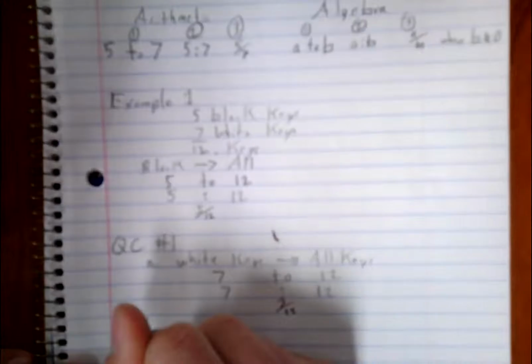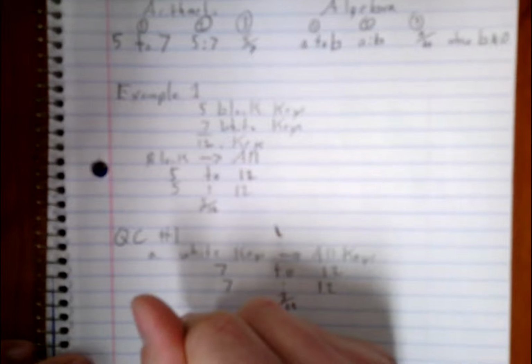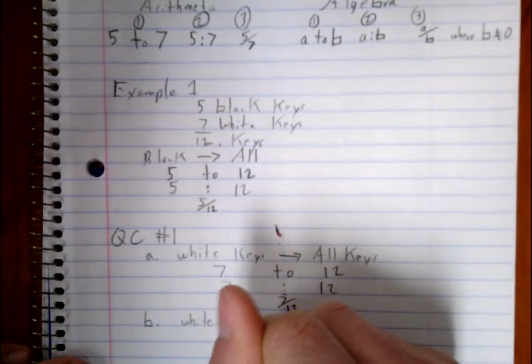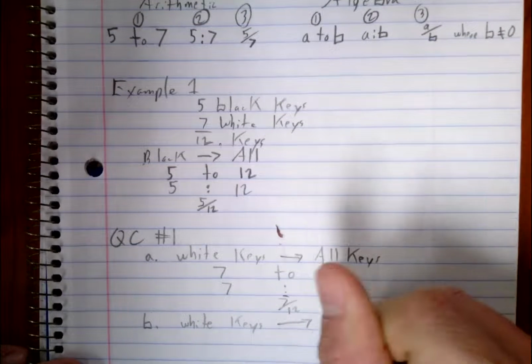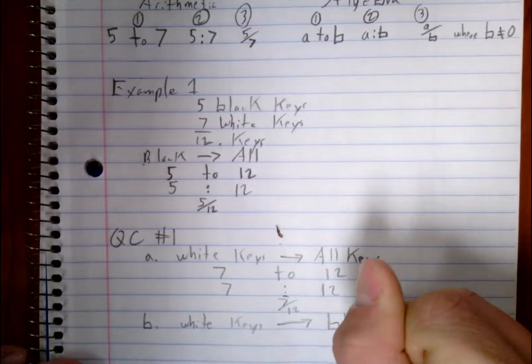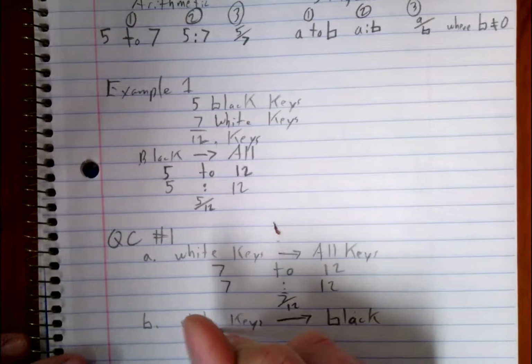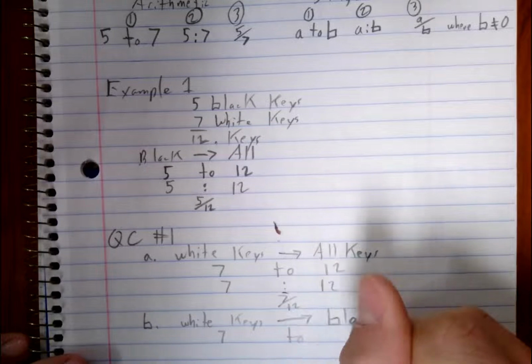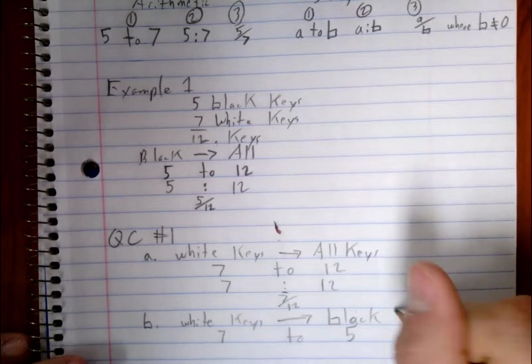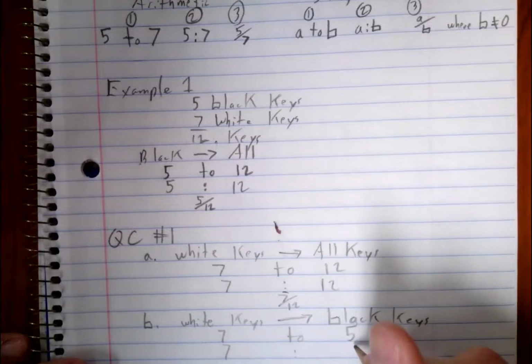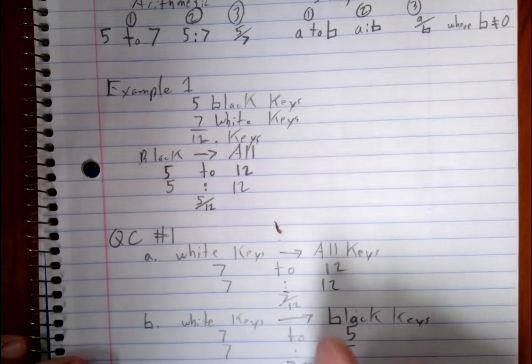Okay. In B, we're going to have white keys to black keys. Okay. Or we're going to have 7 white keys to our 5 black keys. Okay. And 7 colon 5 and 7 divided by 5.